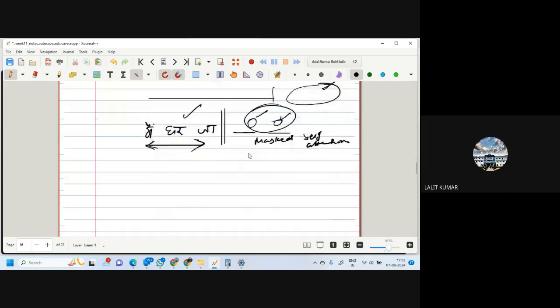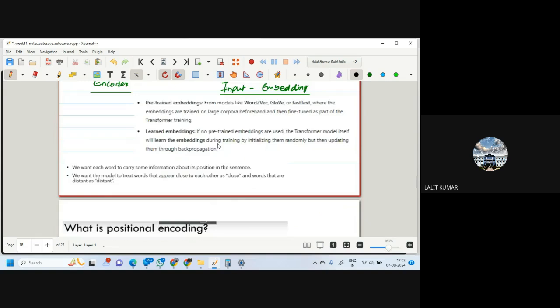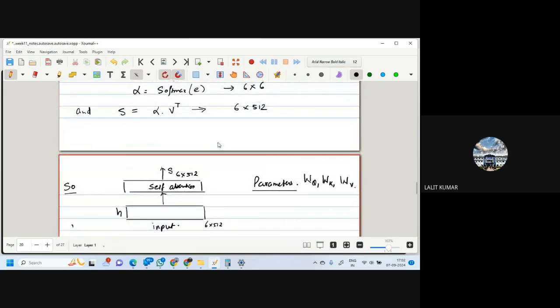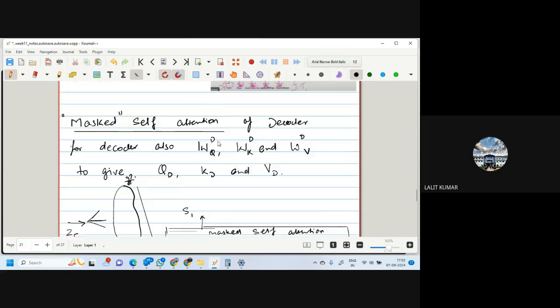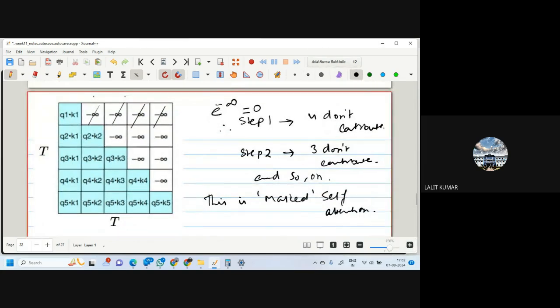And how do we do that? We have got a matrix, something like this. In the first step, I use Q1 K1, and here I use minus infinity. We know that after that we use the softmax function on this.